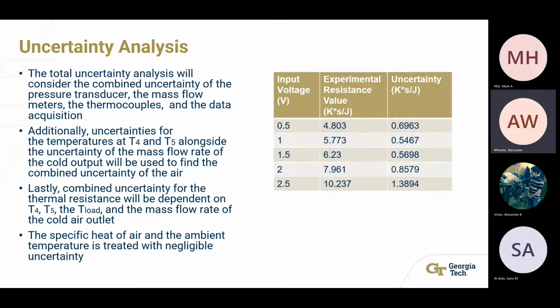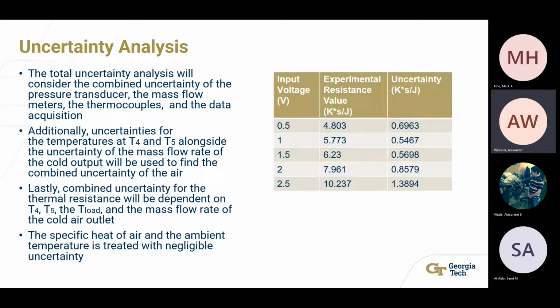For the uncertainty analysis for the resistance, the total uncertainty was found using the T4, T5, T load, as well as the measured mass flow rate of the cold air outlet, and then combining those with the uncertainty of the mass flow rate sensor, the uncertainty of the thermocouples, and the data acquisition uncertainty as well.